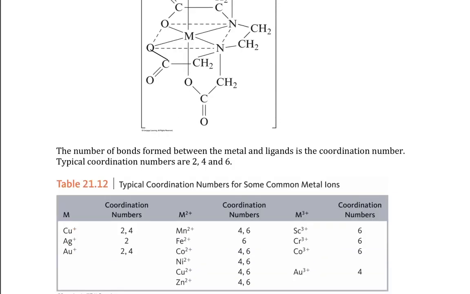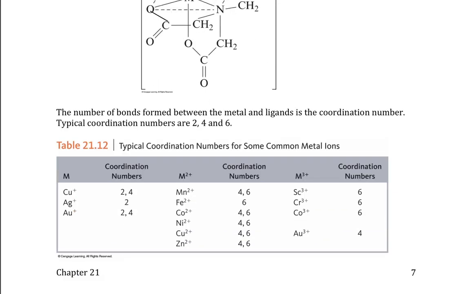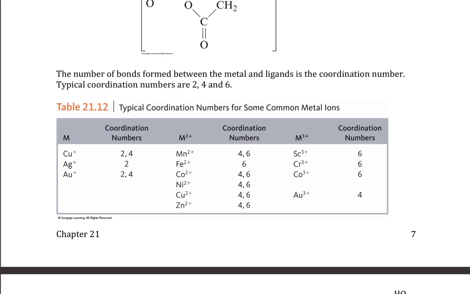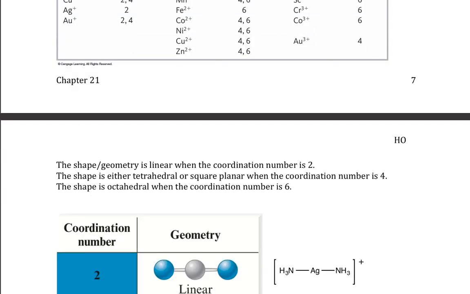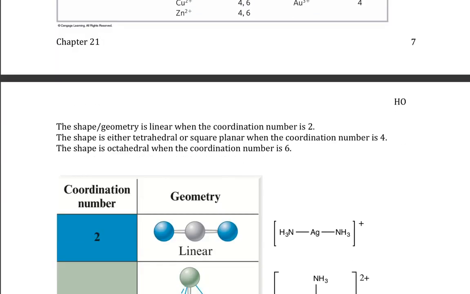So we see a table here showing various transition metals and common coordination numbers for them in these complex compounds. So we see 2, 4, 6 repeating quite a bit. The shape, the geometry, is linear when the coordination number is 2.